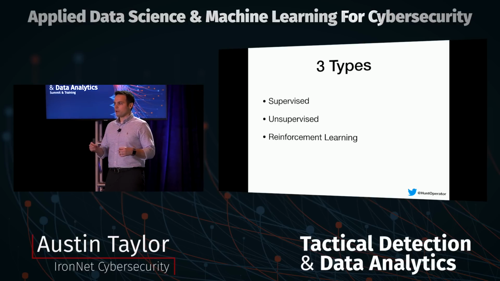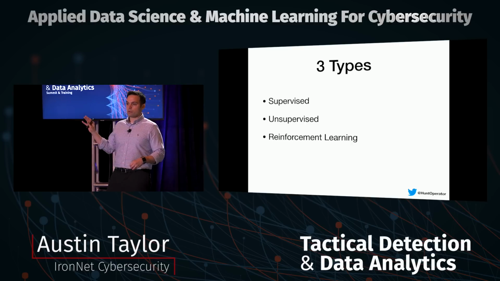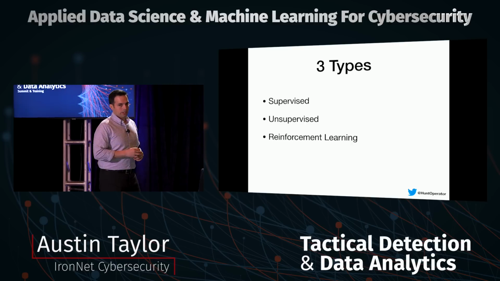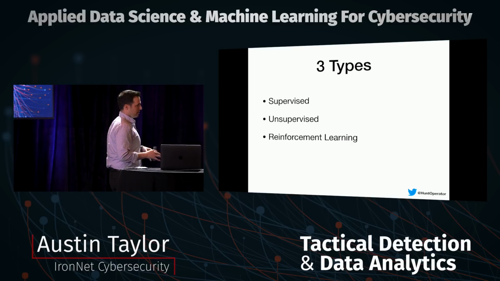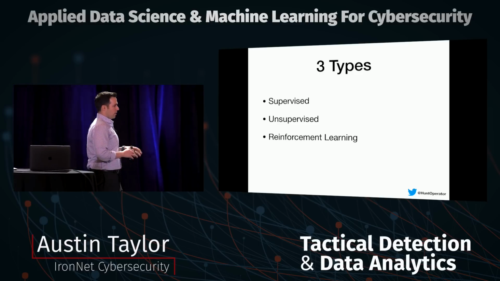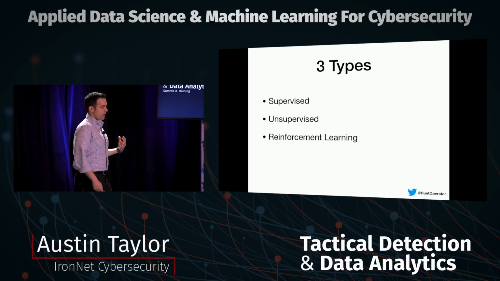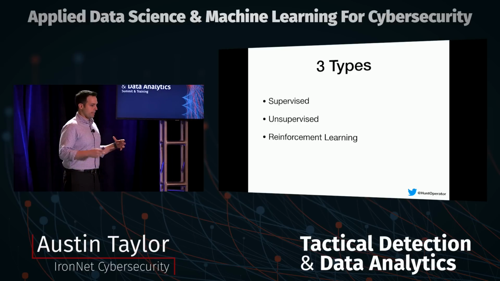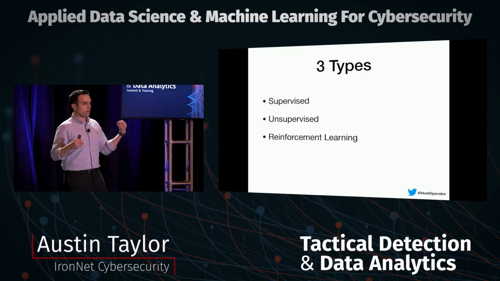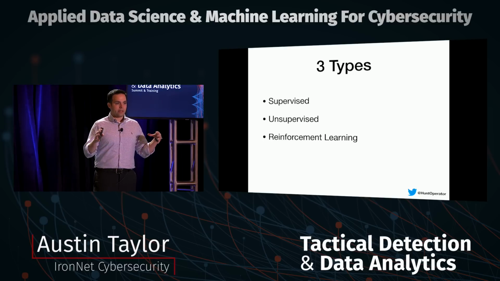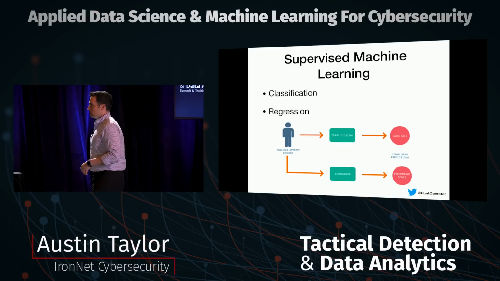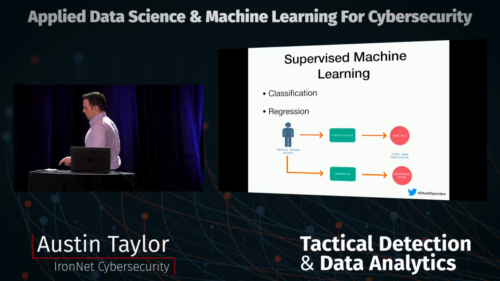And what we run into most of the time is the supervised learning arena. We're not going to cover unsupervised or reinforcement learning here today, but those are other areas to be familiar with. In the community, anytime you have a set of labeled data, so if you know that it's malicious or benign, that's something called binary classification. And there's 2 types of supervised machine learning.